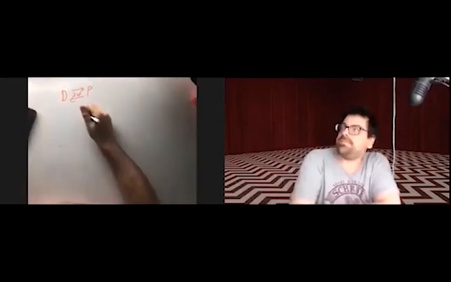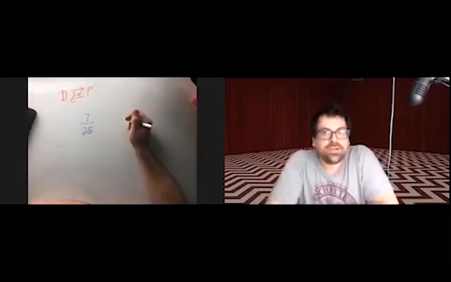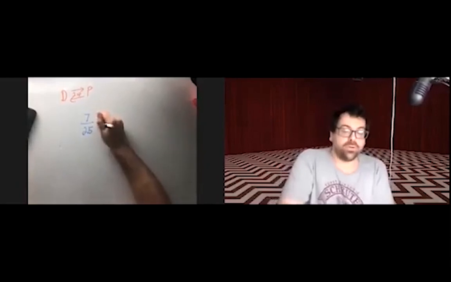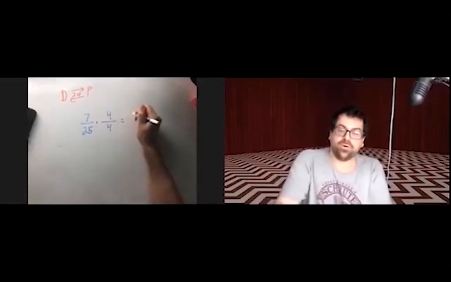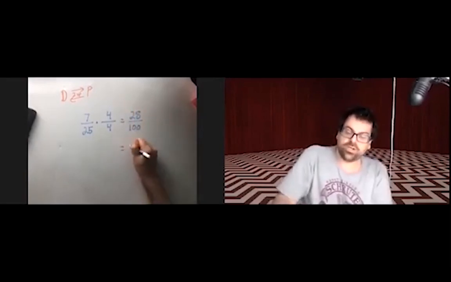Let's write a fraction as a percent now. 7/25. If we can get it to the magic bottom number of 100, we're golden. And we can here. Times 4 over 4 gives us 28 over 100, which is 28%.